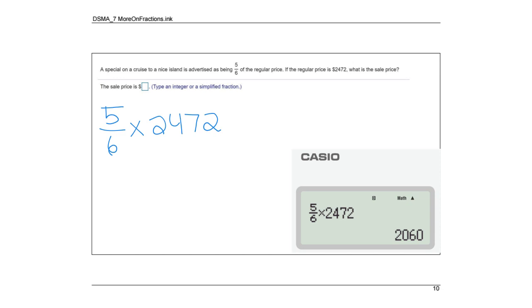If you put that in your calculator, you're going to hit the fraction key. That gives you, you can put in the 5 over 6, and then arrow to the right, hit your multiplication, put in $2,472, and you get 2,060 would be the sale price.